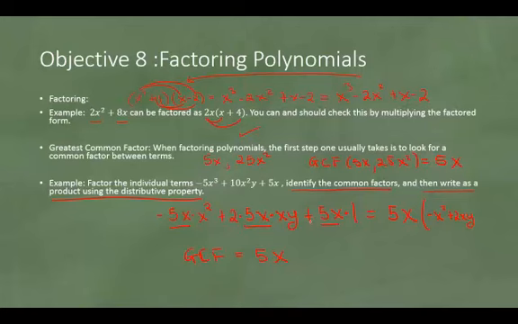That's why it's important to write plus 1 or times 1 there so that you don't forget to write the plus 1. And again, you should always be able to check your work to see if you did it correctly. 5x times negative x squared is negative 5x cubed. 5x times 2xy is 10x squared y. 5x times 1 is 5x. So you factored it correctly. Check your work.